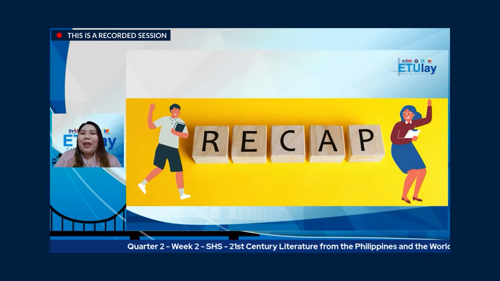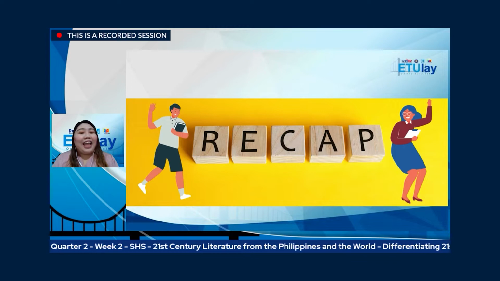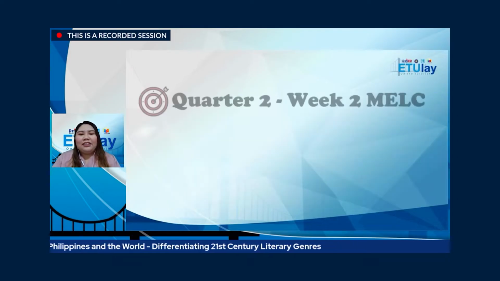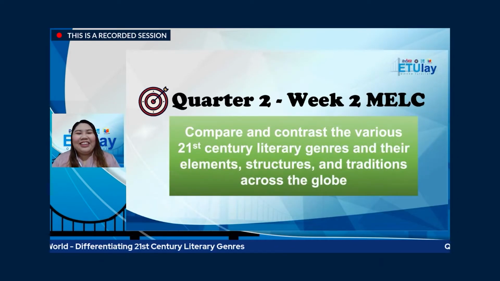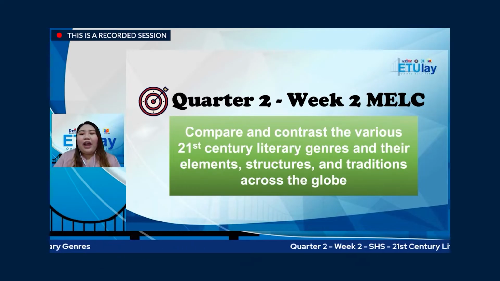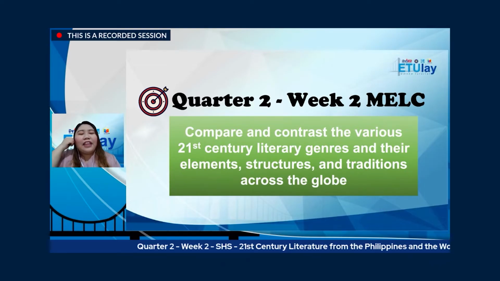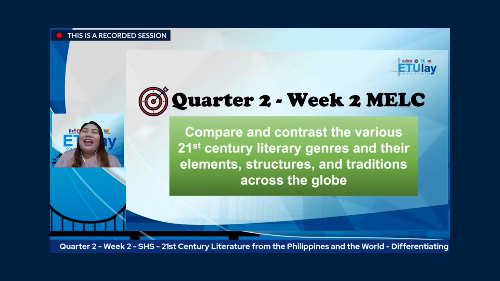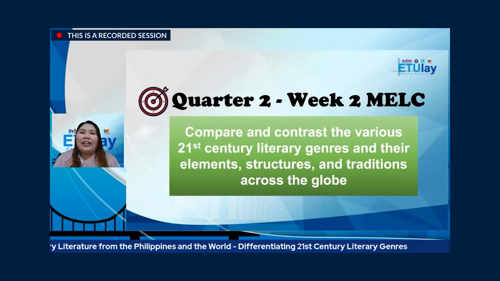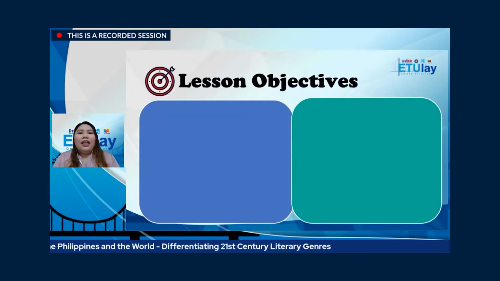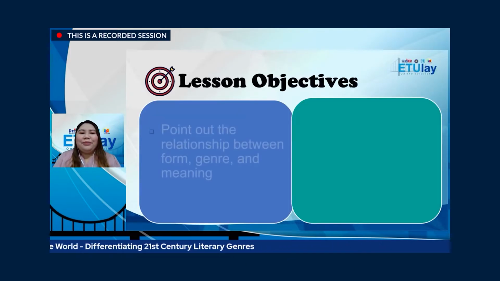Since we are now able to recall the things that we had last week, let's proceed to the most essential learning competencies. Actually, there's only one this week. For week two, that is to compare and contrast the various 21st century literary genres and their elements, structures, and traditions across the globe. Let's also have the objectives for this week.